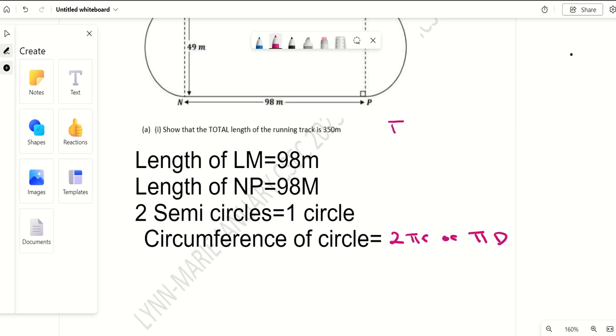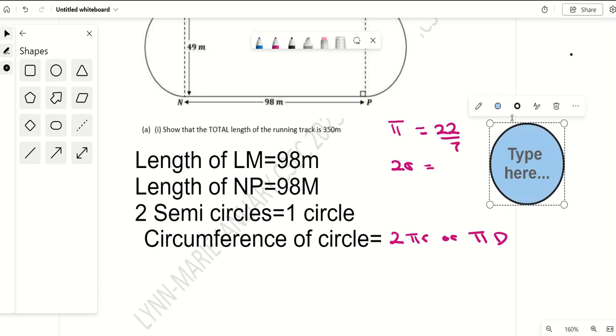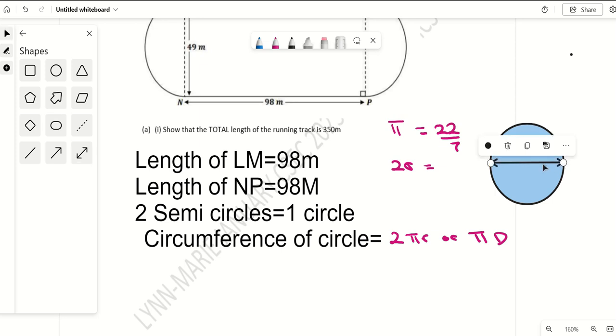Now, pi is a constant, right, which is always equals to 22 over 7, right? 2 radius, that is half of, so if I'm going to draw a circle, let me just show you guys. So if I have a circle here, right, the distance from one side of a circle to the next side, going through the center, it must go through the center of the circle, okay guys?